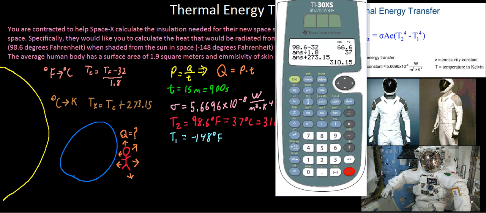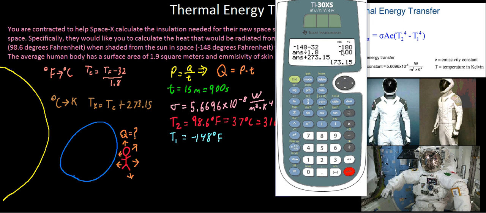And then we can do the exact same thing in our handy-dandy calculator. So let's say negative 148 minus 32, and then divide that by, again, 1.8. And what do we get? We get negative 100 degrees Celsius, and then we just add 273.15.